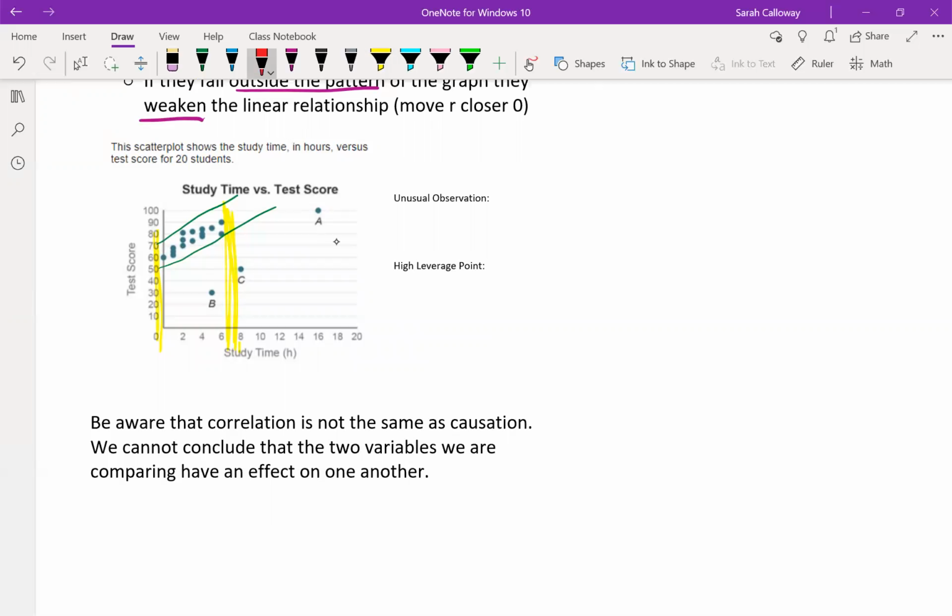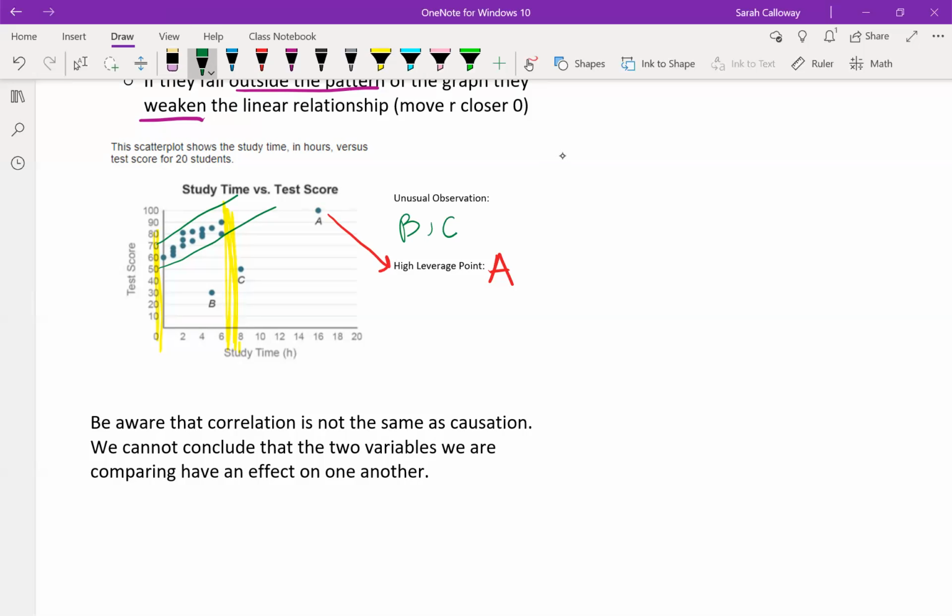So A is the high leverage point. A is outside of the pattern of the data, but more importantly, its X coordinate is way larger than anything else in the data set. B and C are close to the data values in terms of their X coordinate, but they're outside of the pattern of the data, so B and C are unusual observations, or outliers.